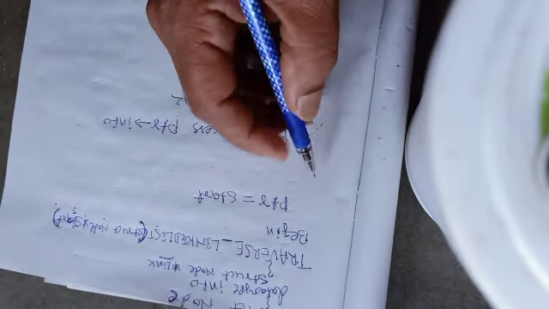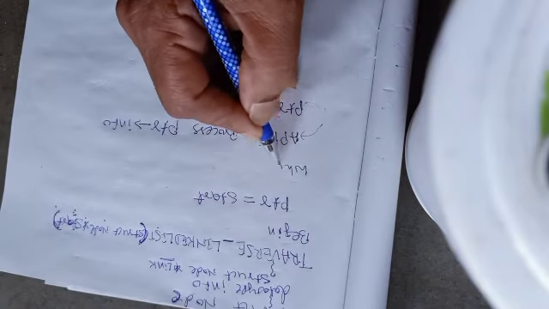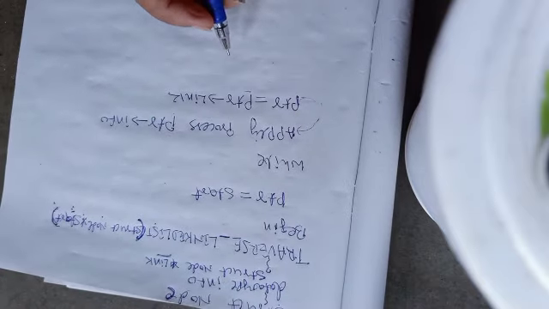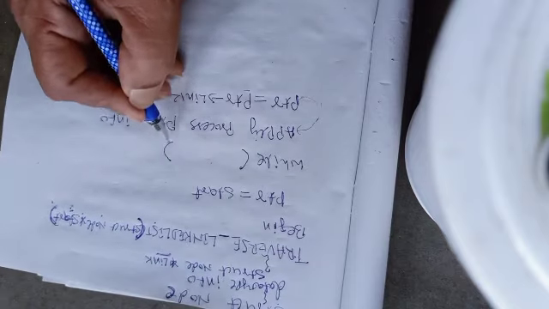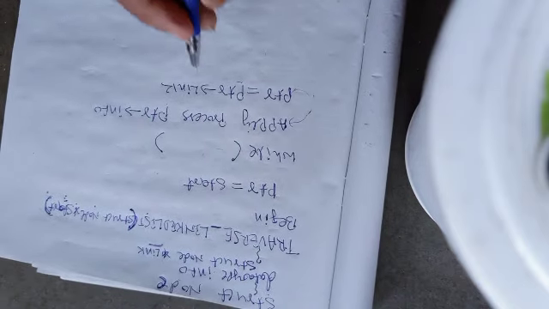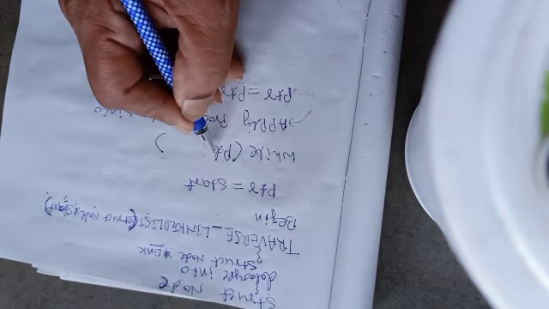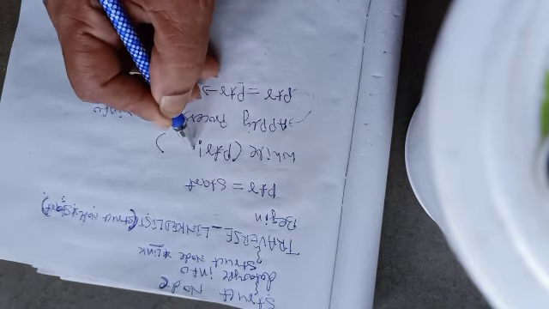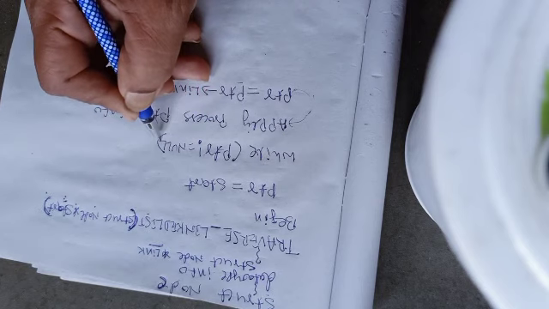So here I have to use a loop. I am implementing a while loop. Now what should be my condition? We will discuss that. My condition should be: while ptr not equals null.